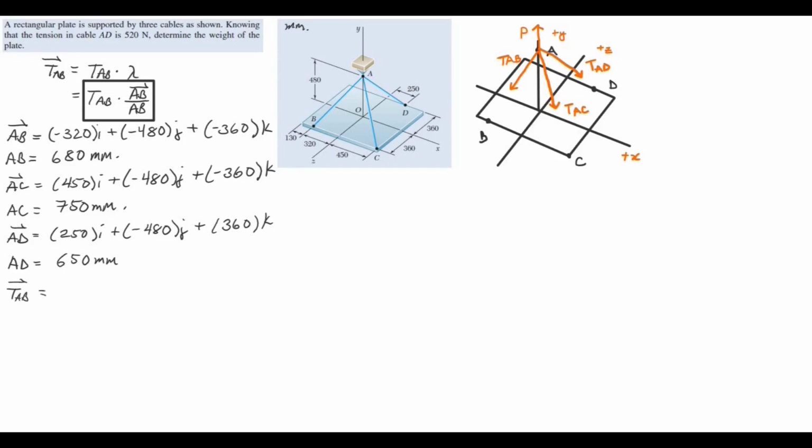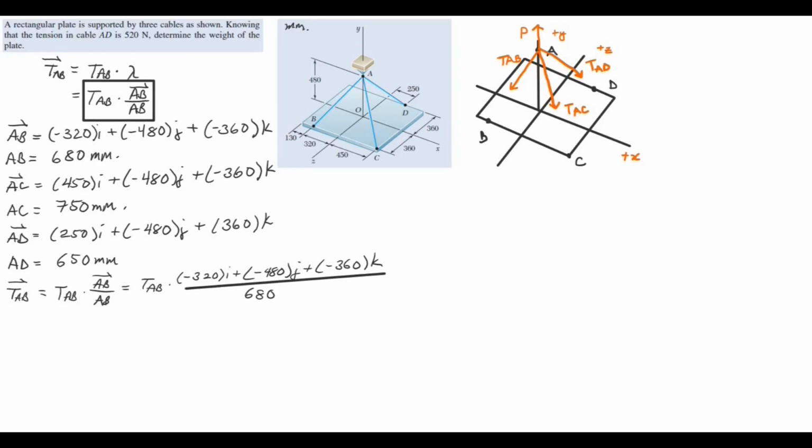So this will give you tension AB is equal to its magnitude times vector AB over its magnitude. And this can be simplified into tension AB times vector AB over the magnitude AB, which is 680.